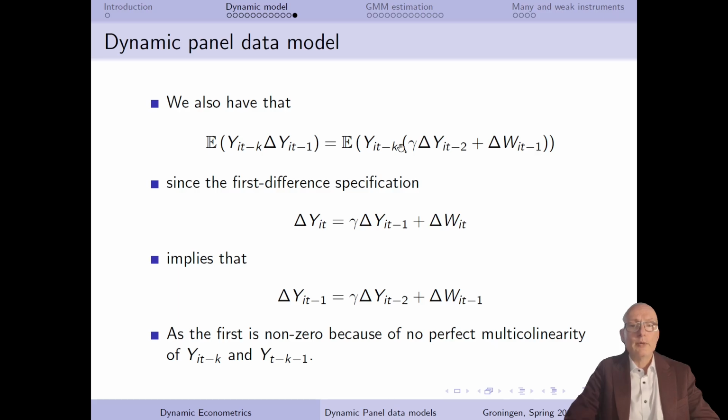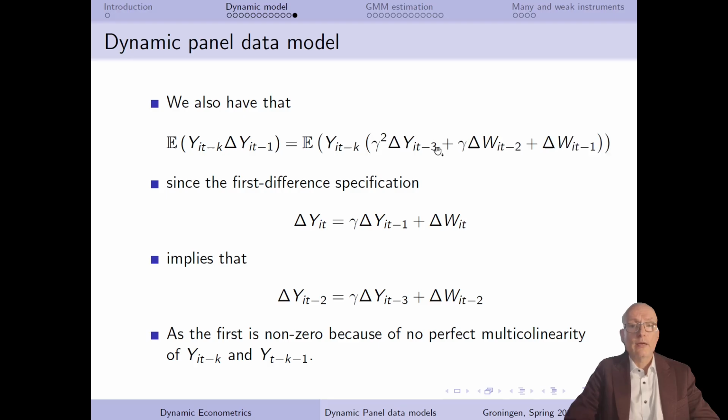Well, then the next thing we can do is substitute in delta YIT minus 2, because delta YIT minus 2 is of course equal to gamma delta YIT minus 3 plus delta WIT minus 2. So substituting this into there gives us the mean of YIT minus K multiplied by gamma squared delta YIT minus 3 plus gamma delta WIT minus 2 plus delta WIT minus 1.